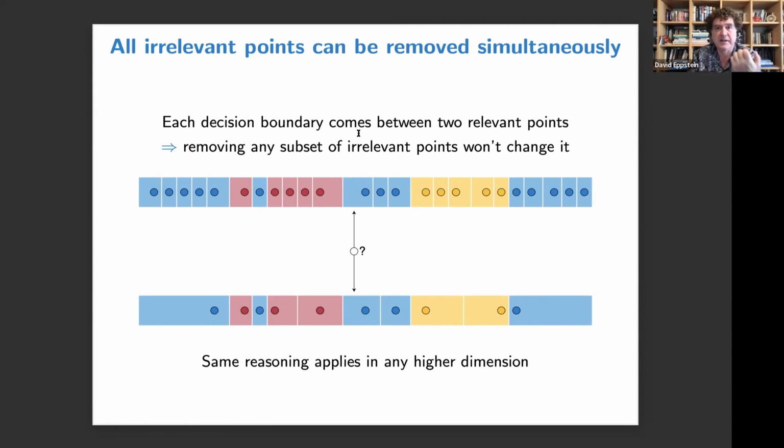They cannot be removed in this simultaneous removal of all of the irrelevant points. And so after you remove all of the irrelevant points, those walls will still be there in the same places that they were before. Here I have an example. It's a one-dimensional example now. The relevant points here are the ones that are on a boundary between 2 colors of points. If we keep only those points and throw away all of the other same color points between 2 of them, we get the same walls and the same decision classification.